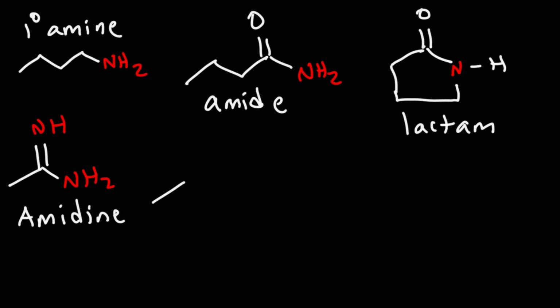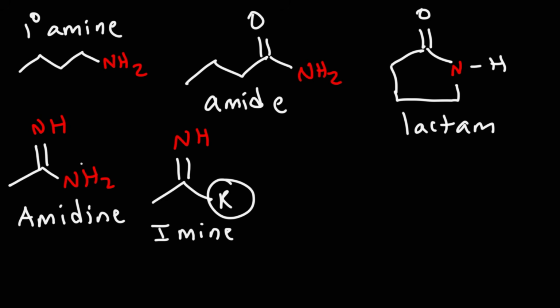It's kind of similar to an imine, but instead of this being a hydrogen or an R group, which will make it an imine, the R group is an NH2. So that's the difference between an imine and an amidine.